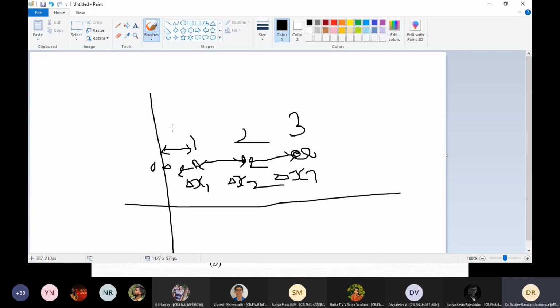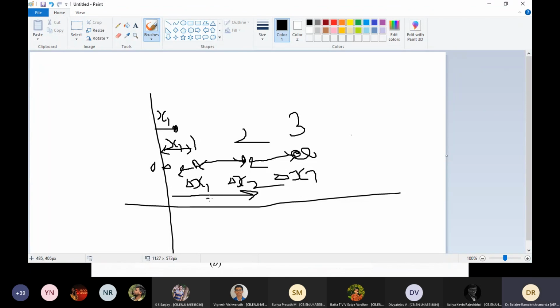If 1 moves here, the next time step, I'm just putting this side by side to understand. If 1 moves here, then this is x1 minus delta x1, correct? X1, which was initially here, let's say this is x1, whereas x2 will be up to this point.